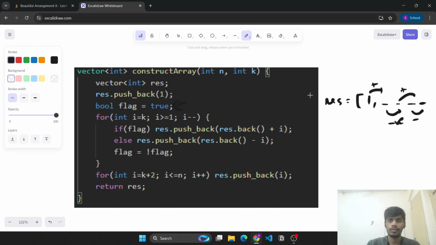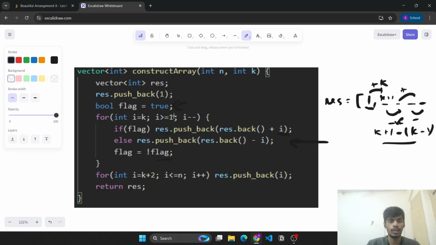So first time we move forward by result dot back. Initially it was 1, so result back plus i. So we move by plus k, and then we make this flag false, so that next time this condition is executed. Now next time the k minus 1, so we'll be moving backwards from k plus 1. We will be moving k plus 1 minus k minus 1, and so on.